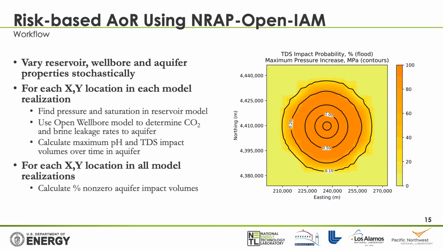Finally, as shown in the figure, for each XY location, calculate the percentage of non-zero aquifer impact volumes for all model realizations. The figure shows that close to the injection well, the TDS aquifer impact probability is 100%, decreasing with radial distance from the well. The boundary with 0% aquifer impact probability coincides with the 0.1 megapascals contour for maximum pressure increase in the reservoir.